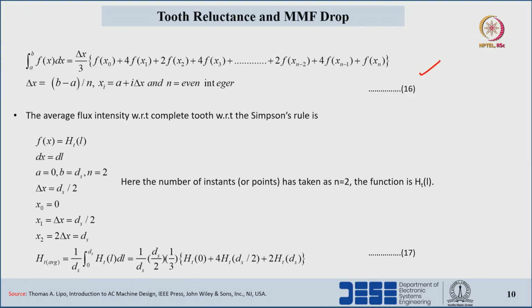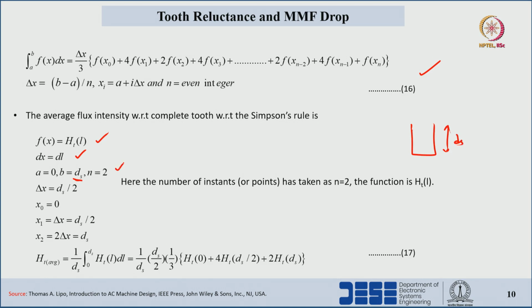So, this is the Simpson rule. Here the function is the flux intensity with respect to the length, and dx is equal to dl, the lower limit a equals 0, ds is the depth of the slot, and n equals 2.